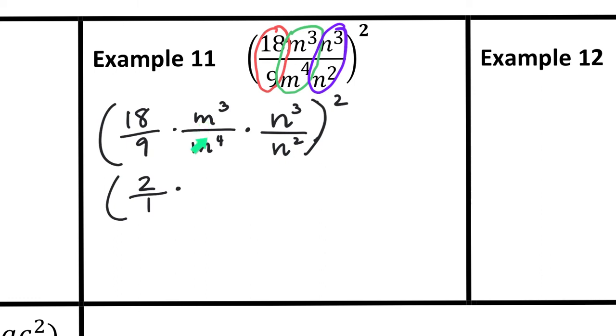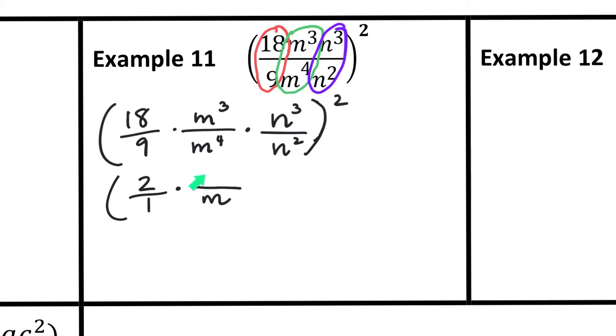Then here, the m's are going to divide. But remember, it's just kind of like canceling out. So 4 minus 3 is going to give us 1. But where is the m going to be left over? Should I put the m up here, or should I put it down here?